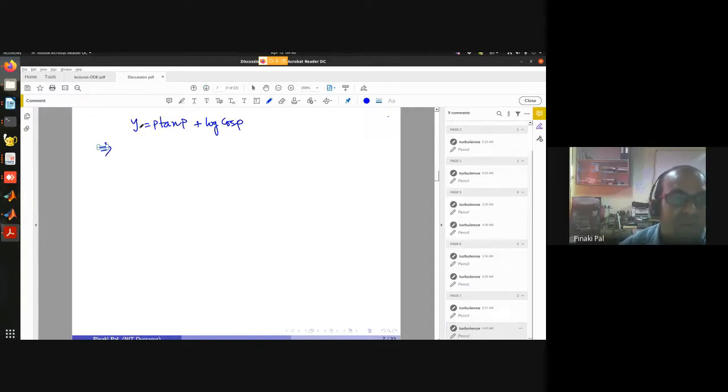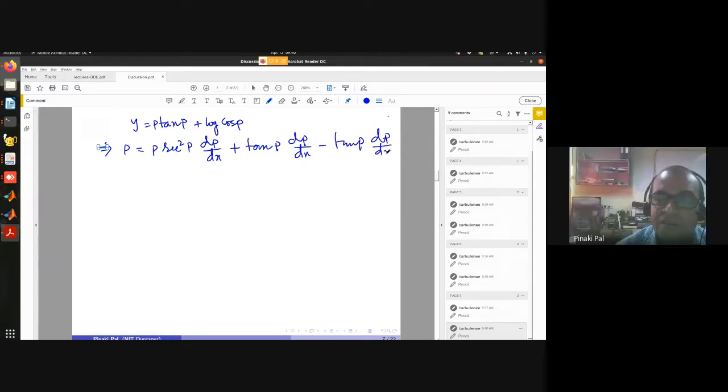And in the next case, let us once again, it is solvable for y. So therefore, what we will do, we will differentiate both sides with respect to x. In the left hand side, we get p sec square p dp/dx plus tan p dp/dx minus tan p dp/dx. So this is cancelled.